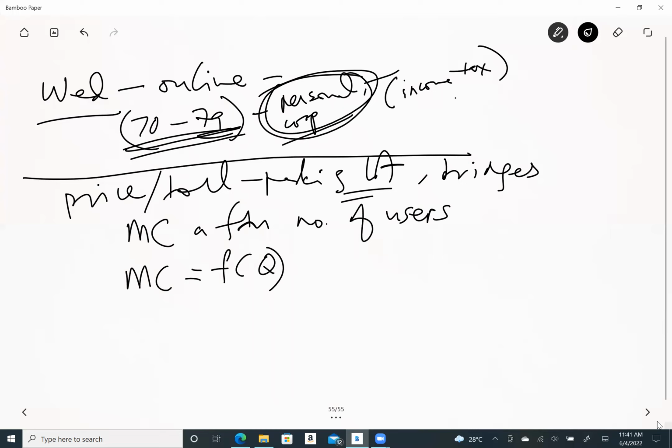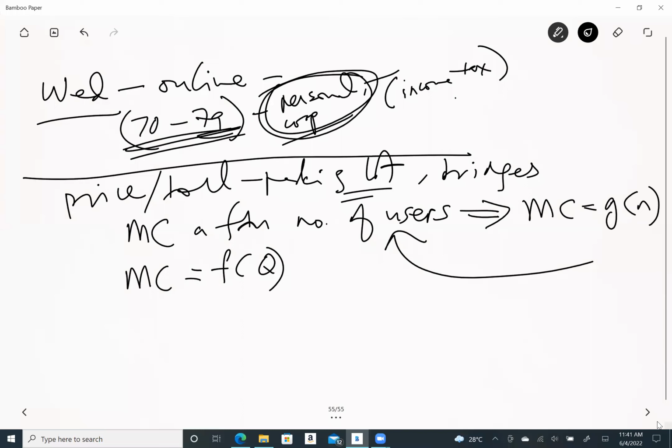That is production cost. But here, we are talking about marginal cost as a function of n, that is the number of users. For example, for a bridge, that means the number of drivers or number of vehicles.